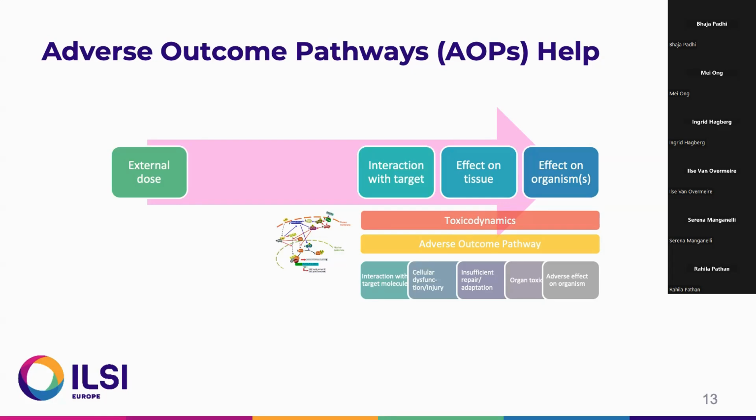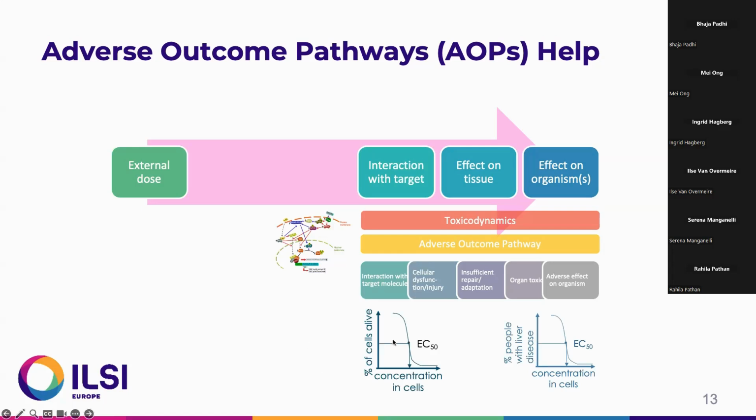How much inhibition do you need of that transporter before you see cholestasis on a whole organism level? And this is where adverse outcome pathways are incredibly valuable sources of information, or it's a very valuable framework.